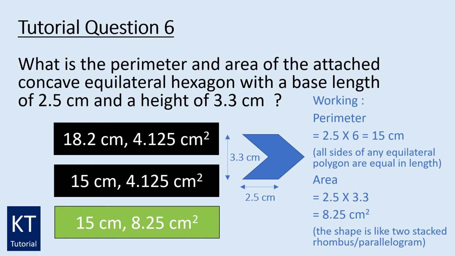As all sides of any equilateral polygon are equal in length, the parameter is a simple 2.5 times 6, which equals 15 cm. As the shape is also like two stacked rhombus or parallelogram, the area is also as simple as 2.5 multiplied by 3.3, which comes to 8.25 cm squared.